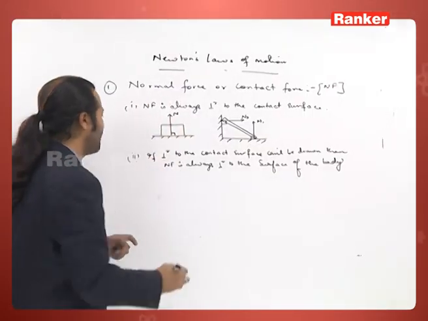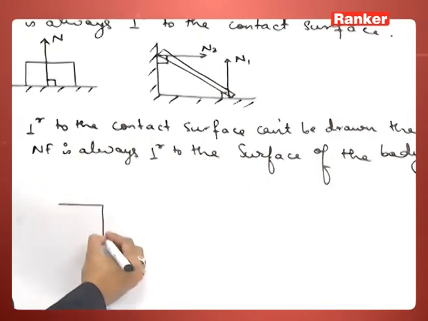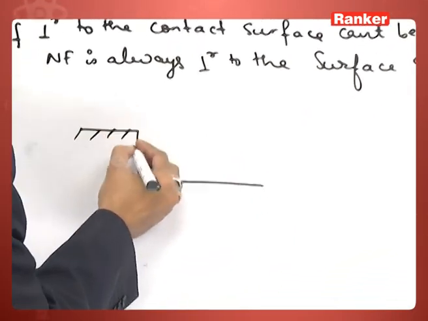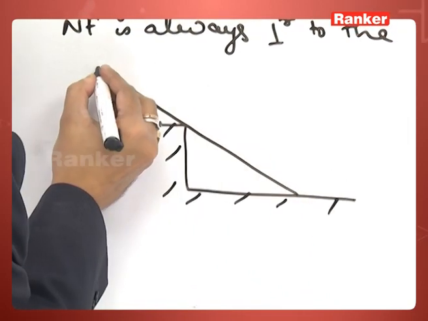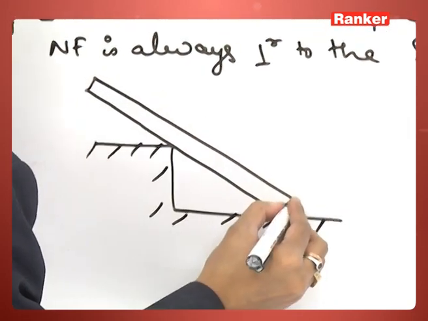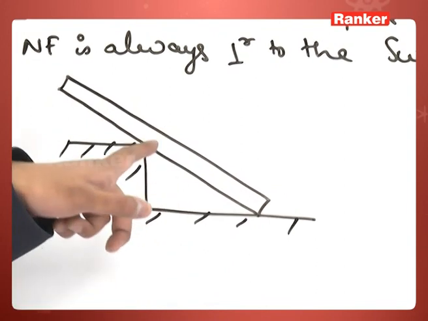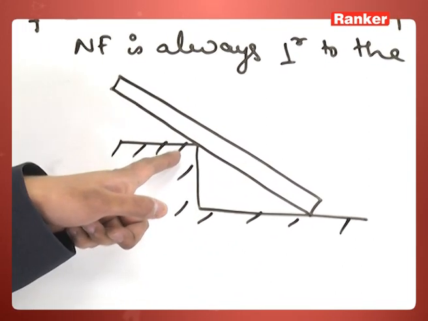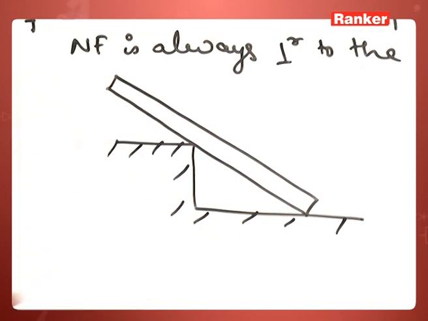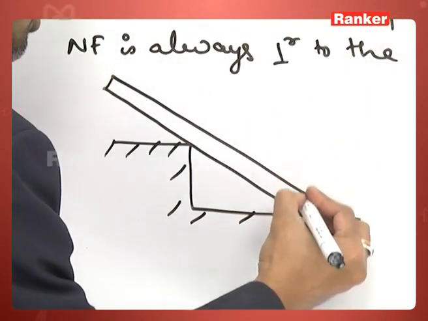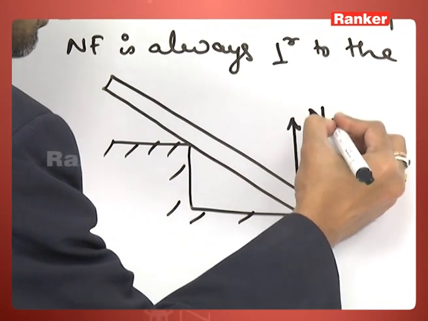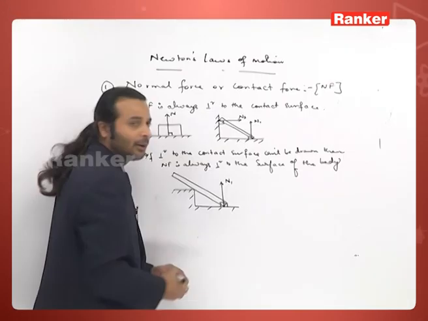For example, this ladder or stick is making two contacts. For this contact, as discussed earlier, the normal force will be in this direction. Let it be N1, perpendicular.